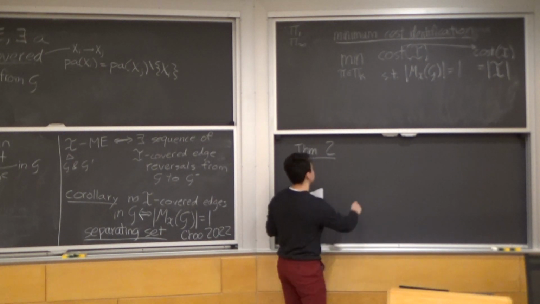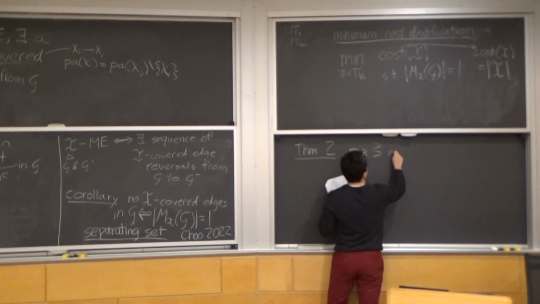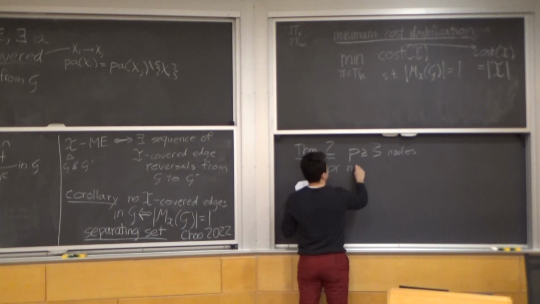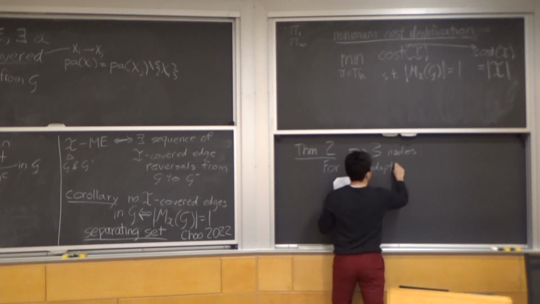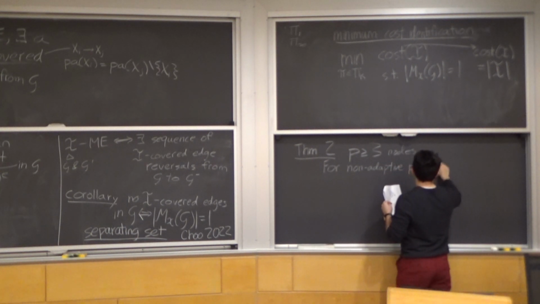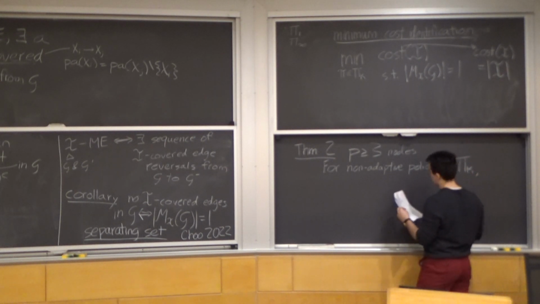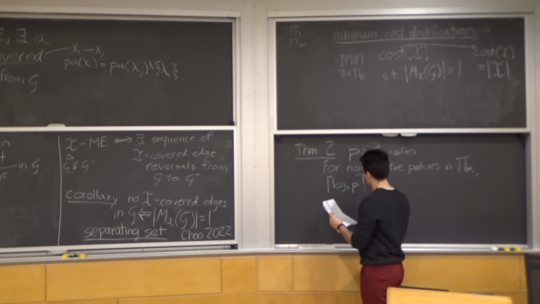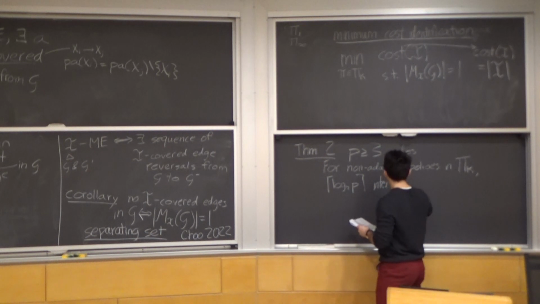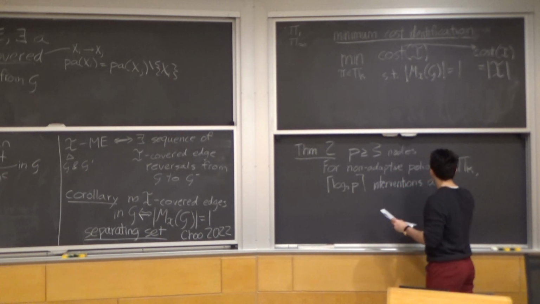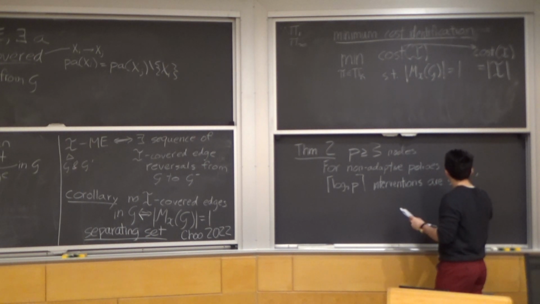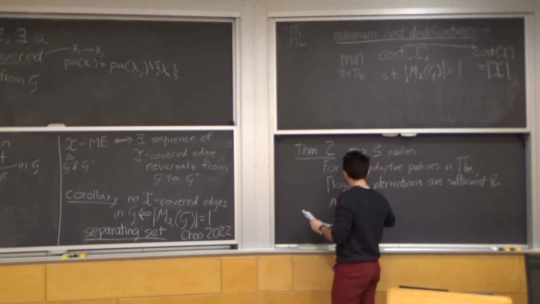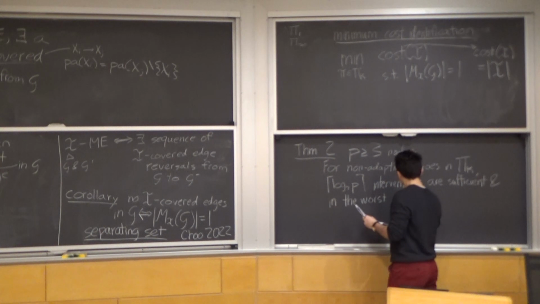Okay, so this holds for when we have p greater than 3 nodes, then for non-adaptive policies in pi k, ceiling log p interventions are sufficient and in the worst case also necessary.